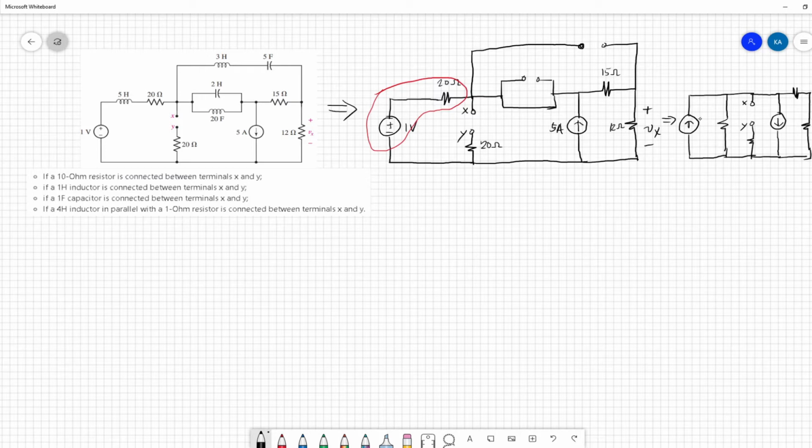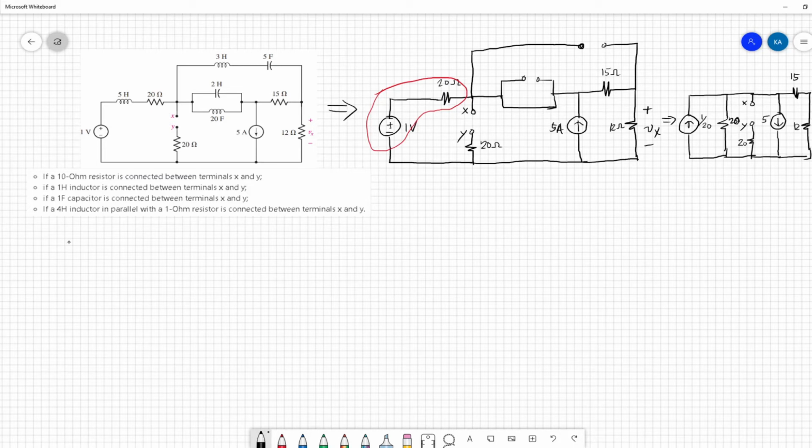So this is 1 over 20 is 20, 20, 5, then we have 15, and then 12.